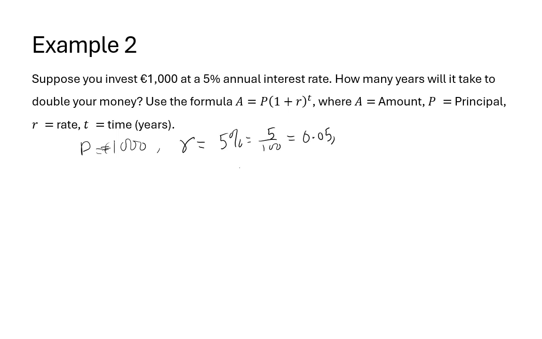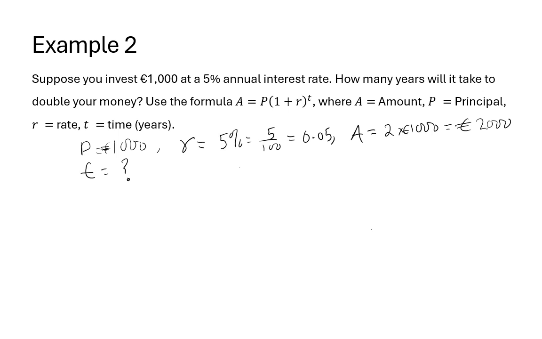Then how many years will it take for you to double your amount? So you want your amount to be 2 times 1,000 euros, which is 2,000 euros. And what we want to find, how many years, is t.